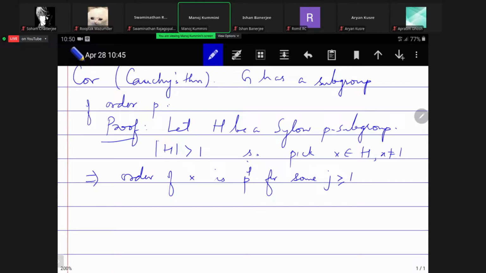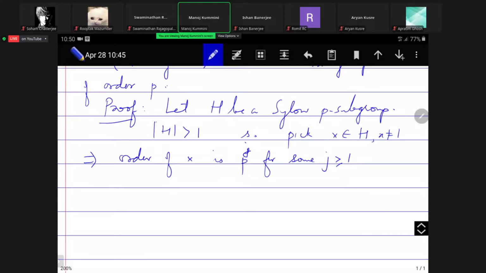It's at least P, and a power of P. Okay, so then the subgroup generated by X to the P to the J minus 1 has order P.